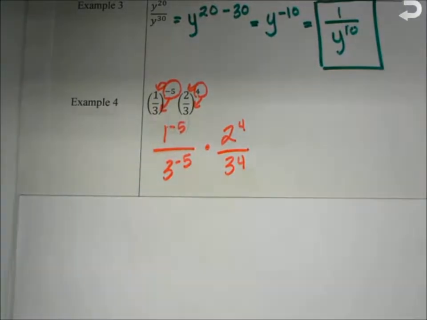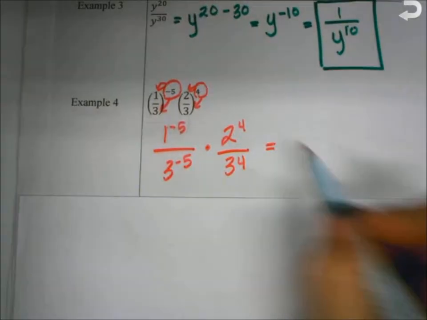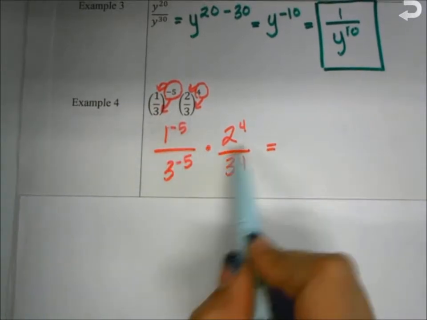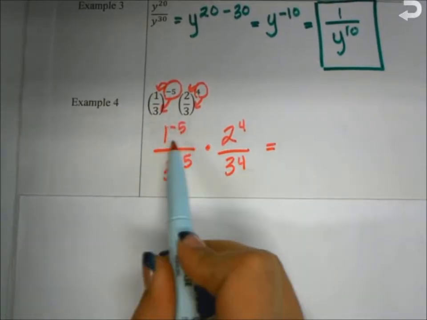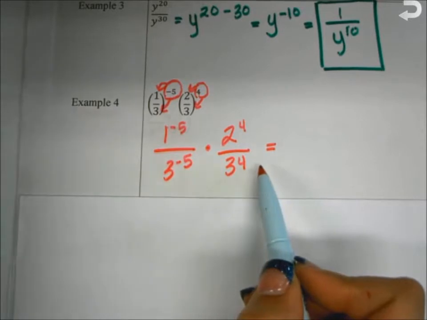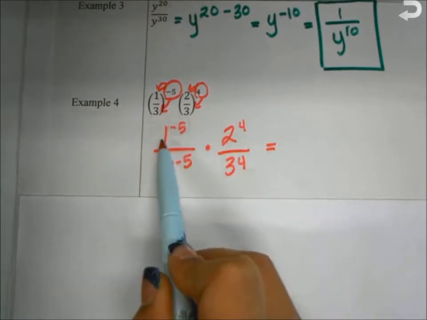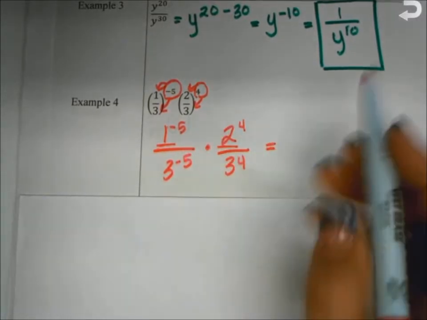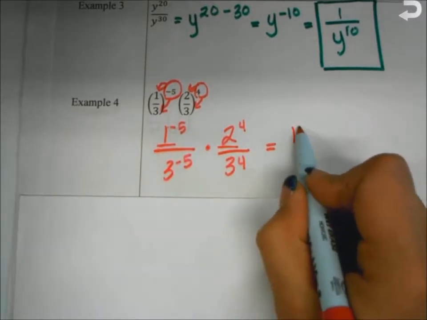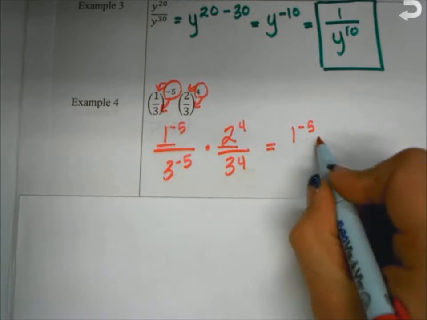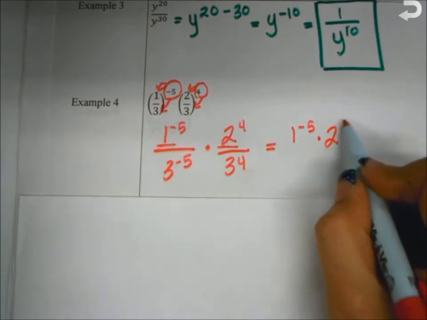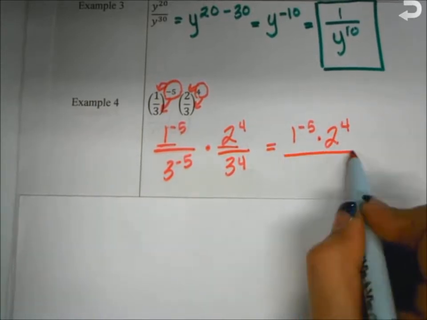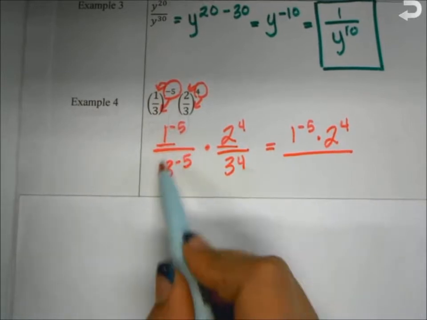Now in my numerators, we can multiply straight across because it's just a fraction, but in my numerator I have a base 1 and a base 2 here. So I can't combine those exponents at all. So right now I'm just going to leave it as 1 to the negative 5th times 2 to the 4th, all over. Now my denominator is a little bit different because my bases are the same. They're both 3.